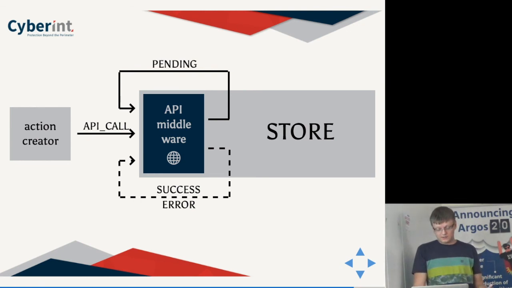And on the other hand, the middleware will take care of dispatching pending, success and error actions to the application, to the store. So in fact, we encapsulated work with the server inside one place, inside the store.